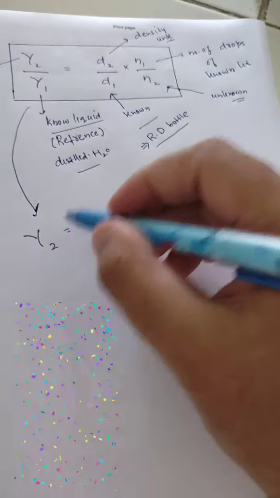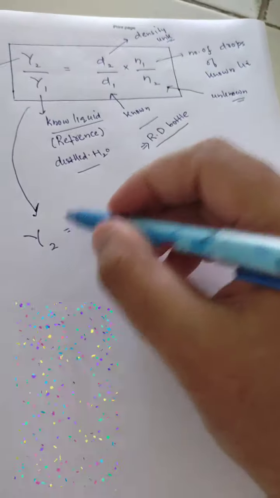So we will write gamma 2 equals gamma 1 multiplied by d2 by d1 multiplied by n1 by n2. This is the relationship which we are going to use, and with its help we can determine the surface tension of any unknown liquid.